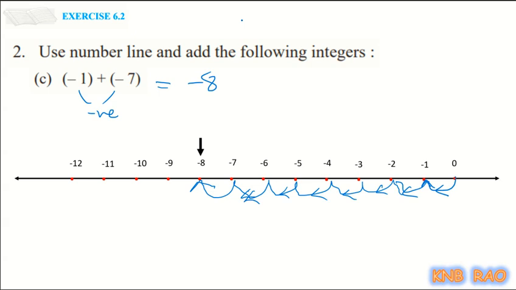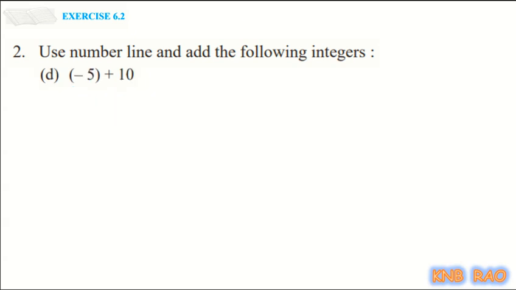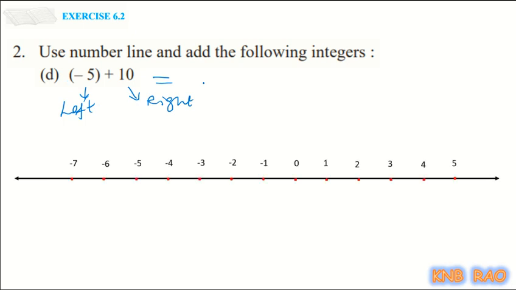And next question is, using number line, find the following addition. That means here first this is negative, that means we have to move towards left, and this is positive, that means we have to move towards right. We have drawn a number line, took numbers on it. So from 0 we moved towards left first by adding negative number.